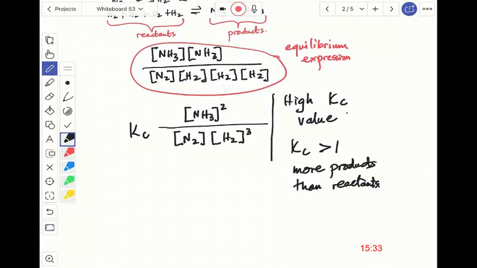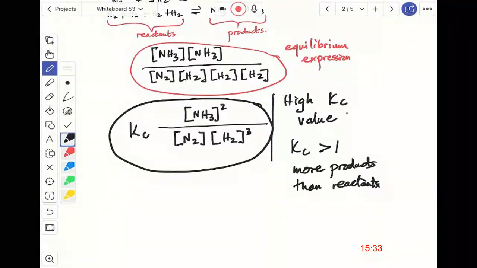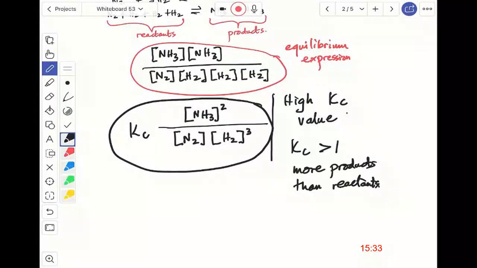And what they've done is they've logged quite a few Kc values of different reactions in a little book. So an engineer would walk around with a little book and look at the Kc values at different temperatures and different pressures. So this is the equilibrium expression that we're going to use to calculate Kc values for different reactions.